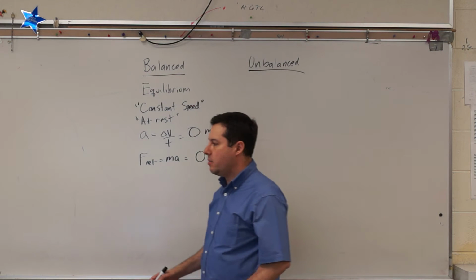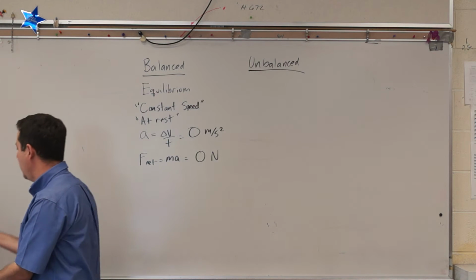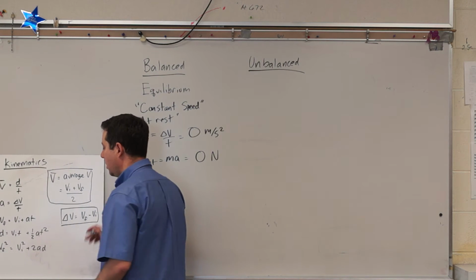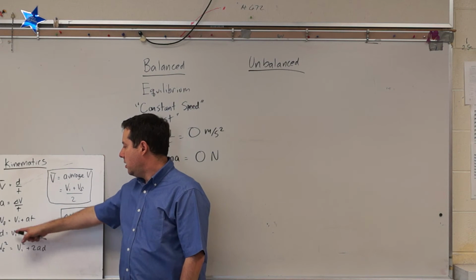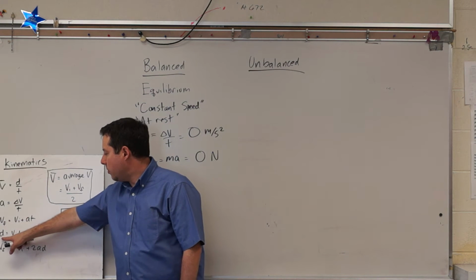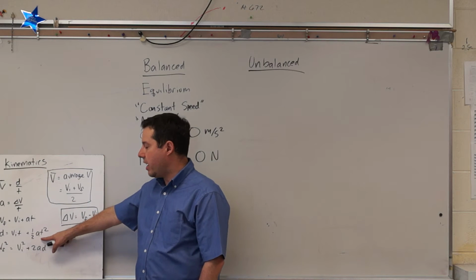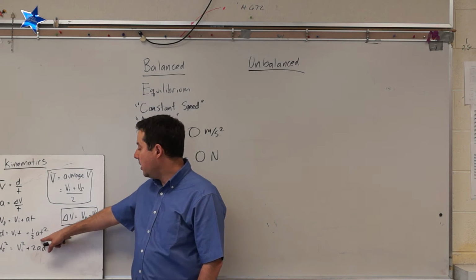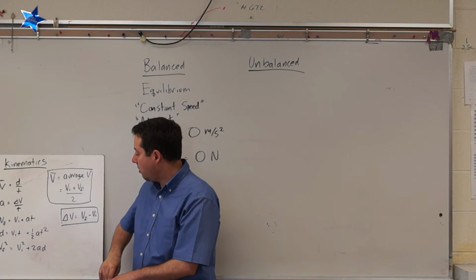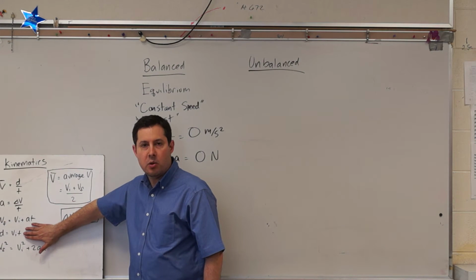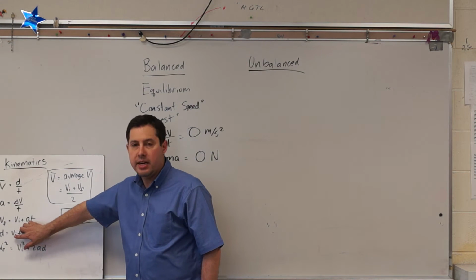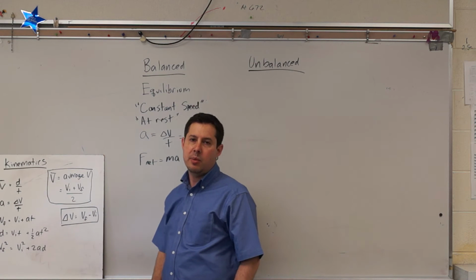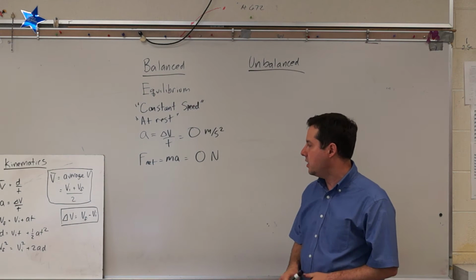Now, you've seen the kinematics equations before. I'll put this up here again. So think about this. d equals v_i t plus 1/2 a t squared. Anytime that acceleration is going to be zero, this whole second half of the equation disappears. In addition, your initial velocity is the same as your final velocity because your velocity is not changing.